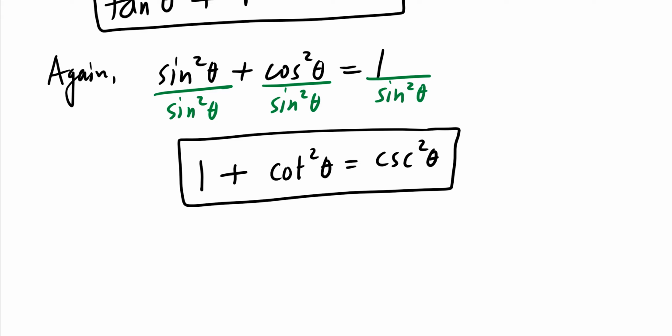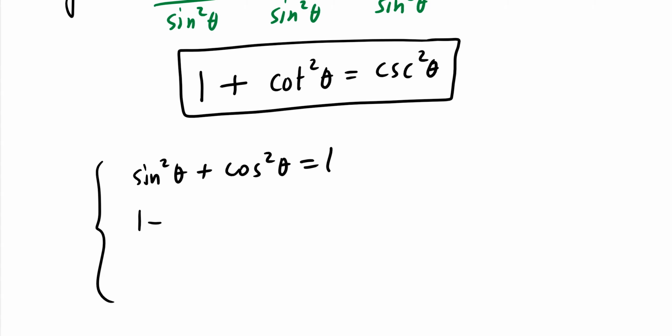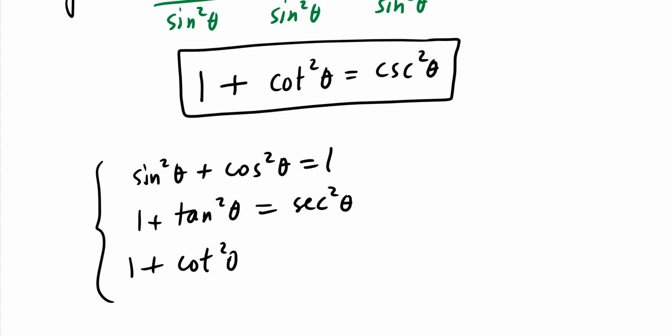So that gives us another identity. So far we have 3 of them. Let's summarize them here. Sine squared theta plus cosine squared theta is 1. 1 plus tangent squared theta is secant squared theta. 1 plus cotangent squared theta is cosecant squared theta.